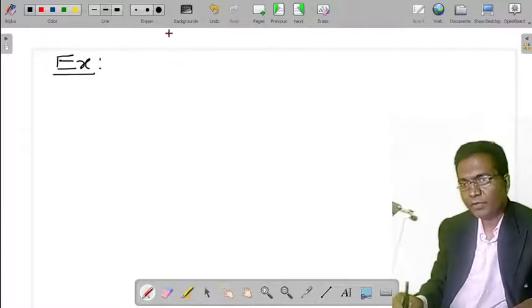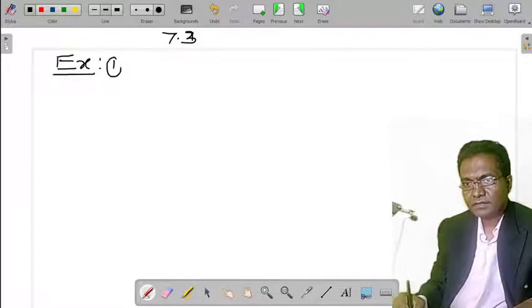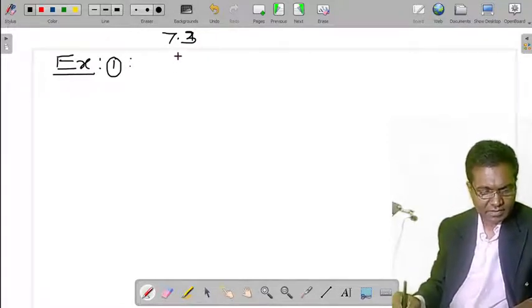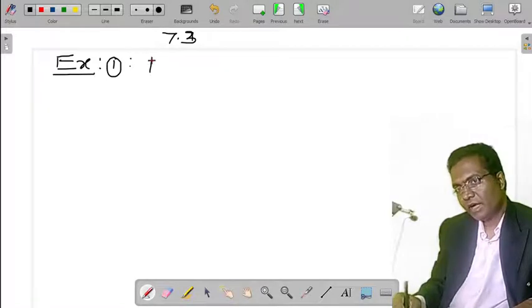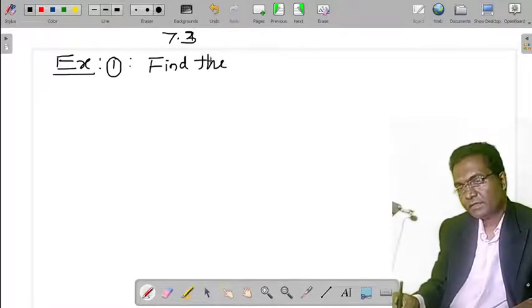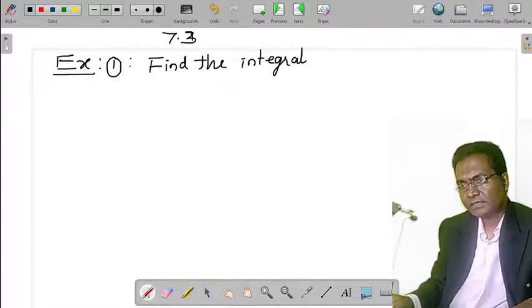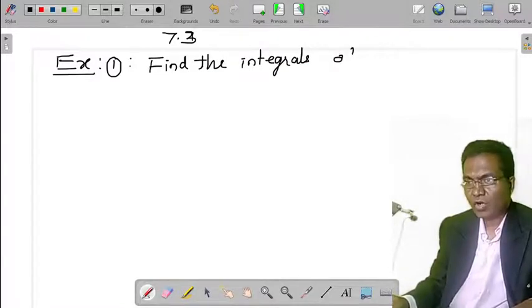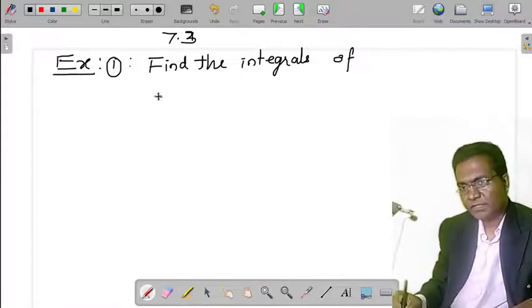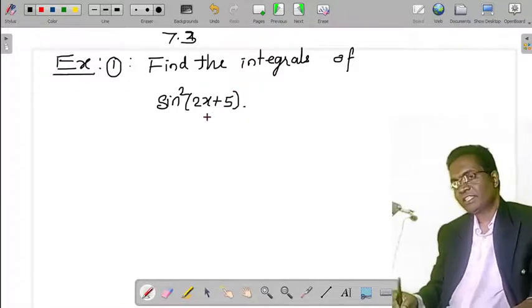We'll be doing exercise 7.3. Find the integrals of, first one is sine square 2x plus 5.